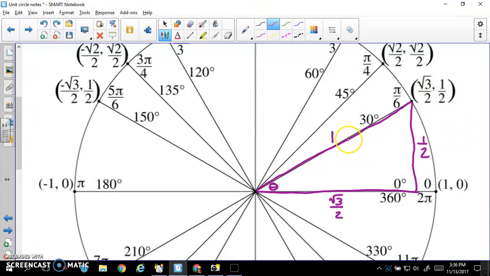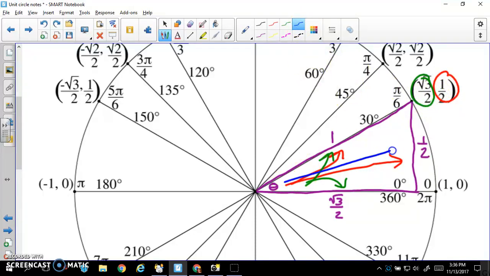Sine is opposite over hypotenuse. So sine is 1/2 right there. Cosine is adjacent over hypotenuse. So square root 3 over 2 over 1. So all of your cosines and sines are right there.